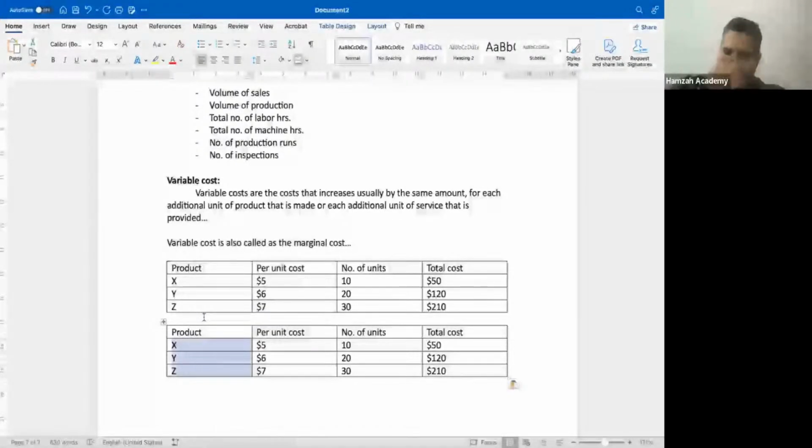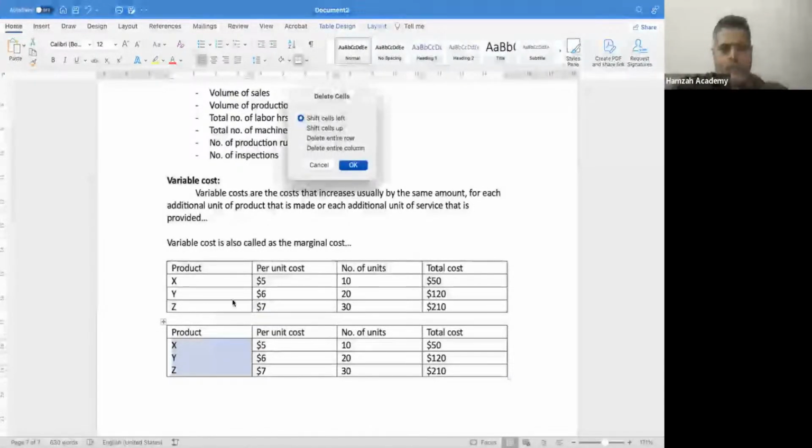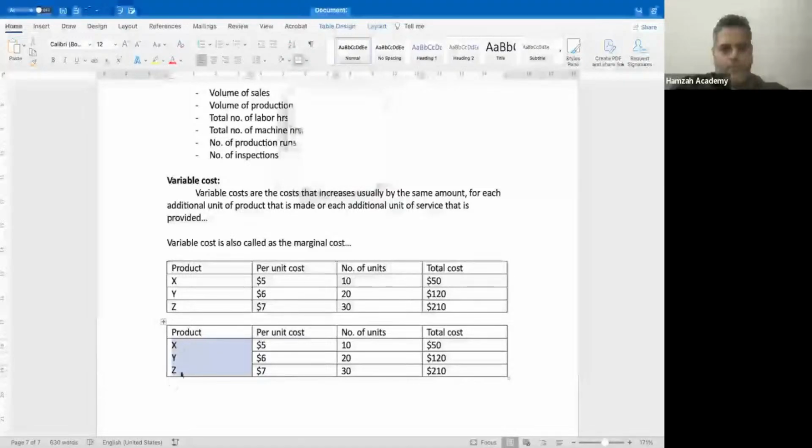Now let's just go over here. This is product X, and then I have my cost per unit of 5, 5, and 5. Number of units of 10, 20, 30. Over here, I'll have 50. Over here, I'll have 100.